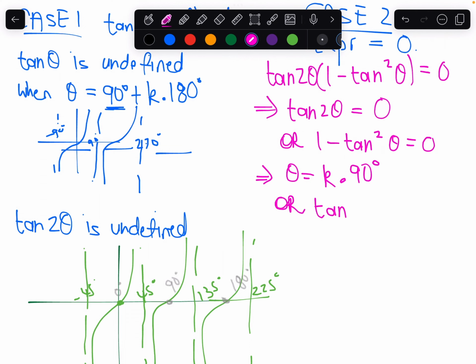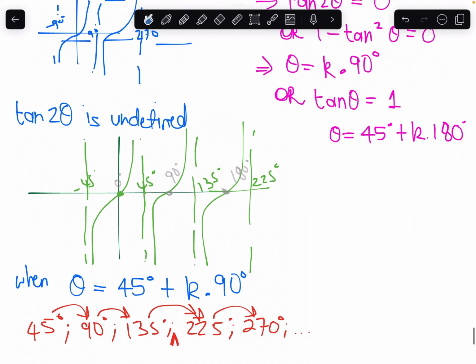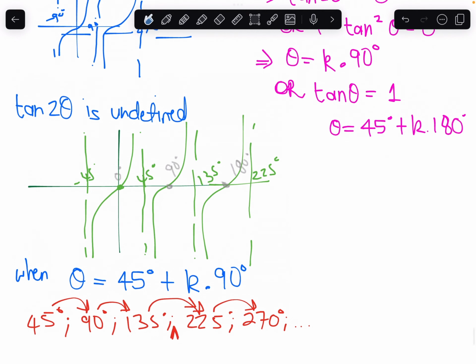So tan theta needs to be equal to 1, really. And where does that occur? Well, we know that tan theta is equal to 1 with 45 degrees plus k, well, that covers both quadrants actually. So it will be theta equal to 45 plus k 180. And these solutions are really similar to what's going on down here, where we have the multiples of 90, and actually that will fill in the 180.